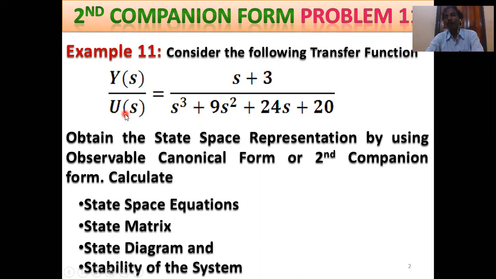This input may be step, ramp, parabolic, or any type of input you can apply. And what is our target? By observable canonical form or second companion form, from this transfer function to calculate the state equation, state matrix, state diagram, and stability of the system.